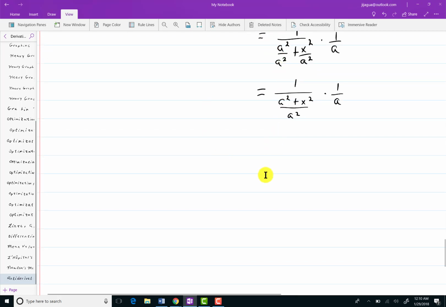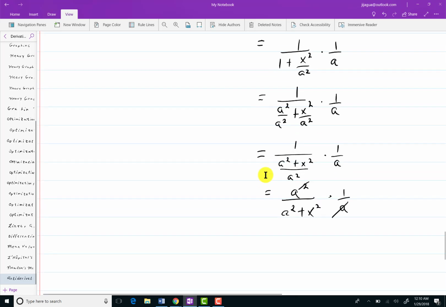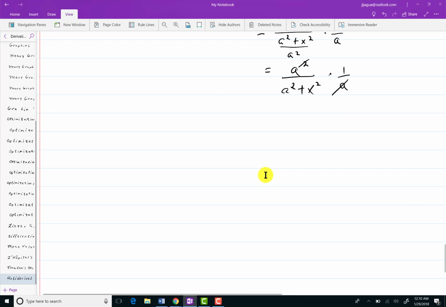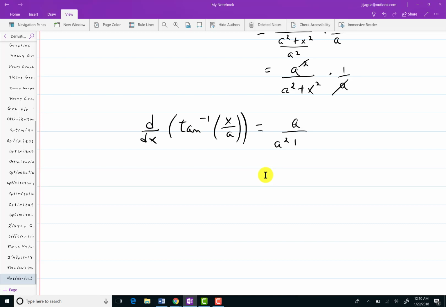Next, I will be able to flip the fraction in the denominator, so I'll get a squared over a squared plus x squared times 1 over a. And then I'll be able to cancel out an a. So I have a formula for this derivative. The derivative of tan inverse of x over a equals a over a squared plus x squared.